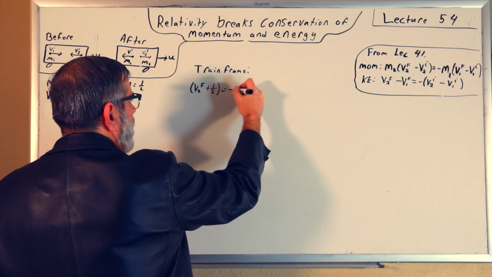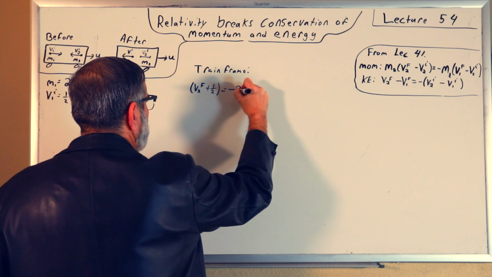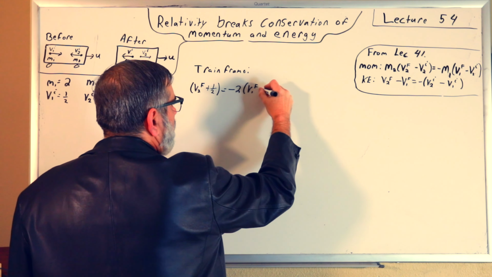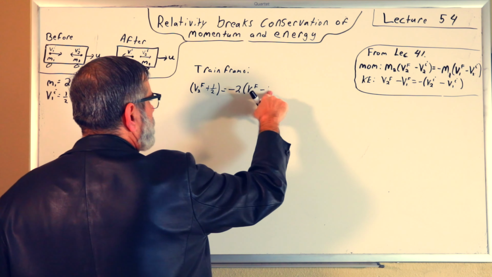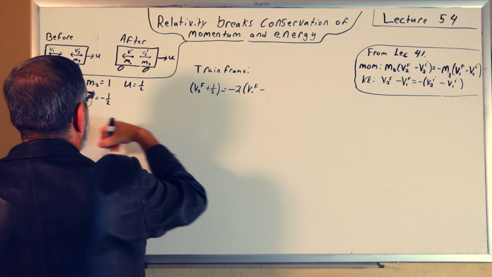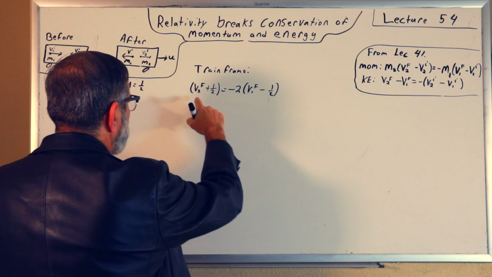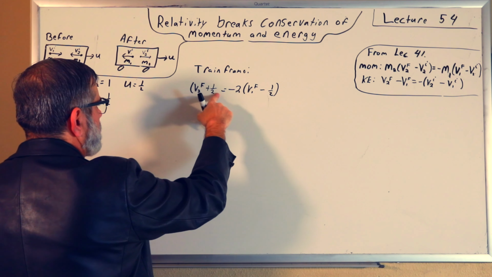That will be equal to minus M1, which is 2, so minus 2 times V1 final, which we don't yet know, minus V2 initial, which we do know, that is 1 half. So put that in there. I want to solve for V2 final, so that's easy to do.